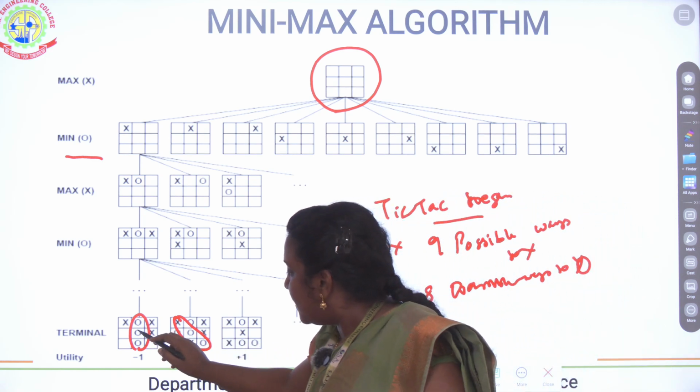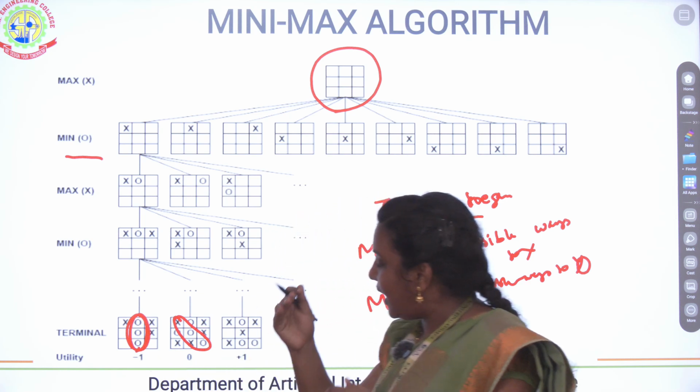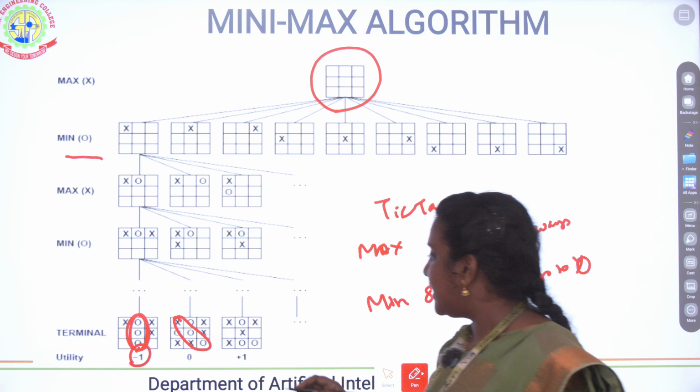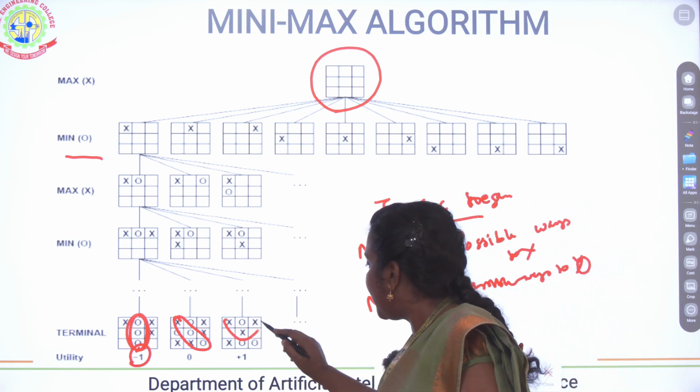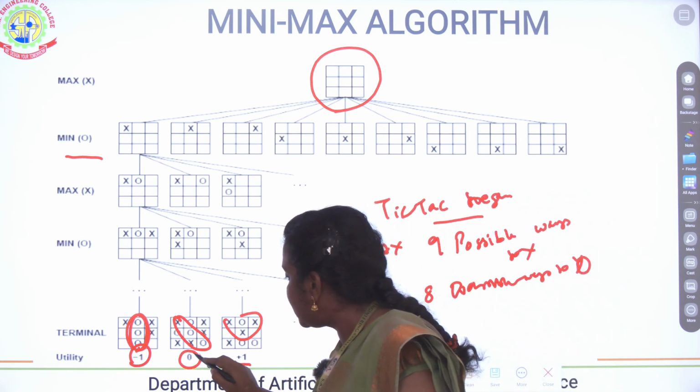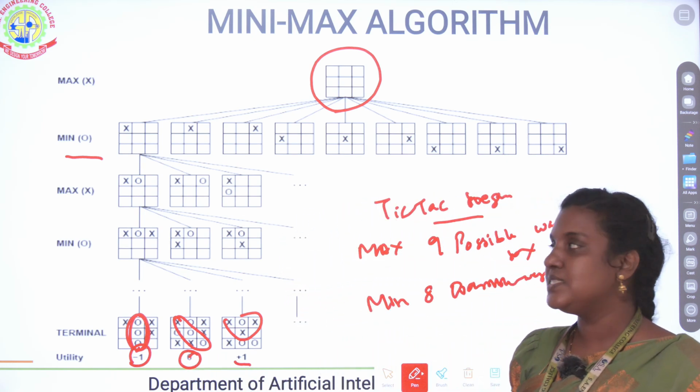If min wins the game, the utility value will be -1. If max wins the game, the utility value will be +1. If the match is a draw, the utility value will be 0.